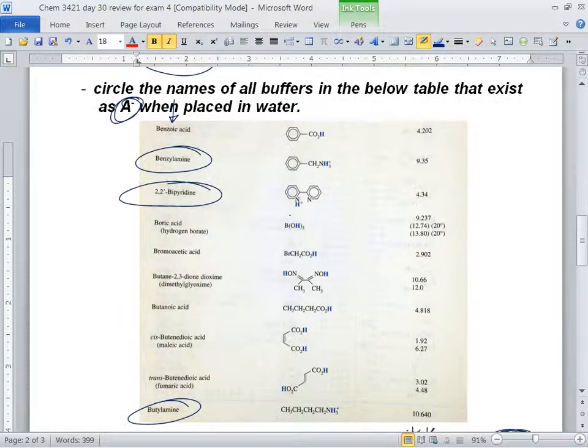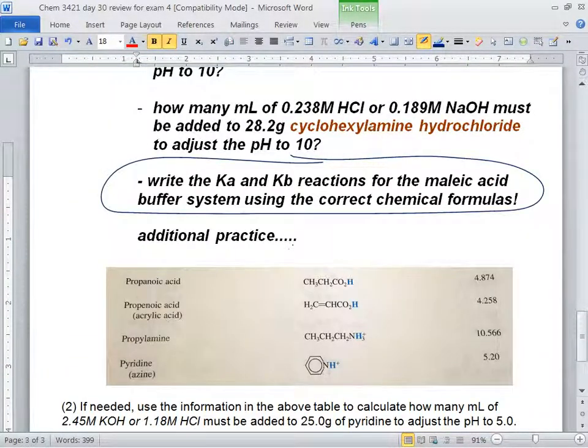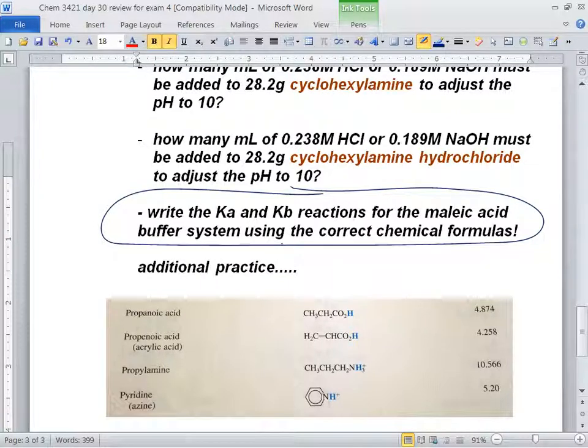Where's maleic acid? We don't have it, so let's change it to propanoic, it's right there. Write the Ka and Kb reactions for the propanoic acid buffer system using the correct chemical formula.